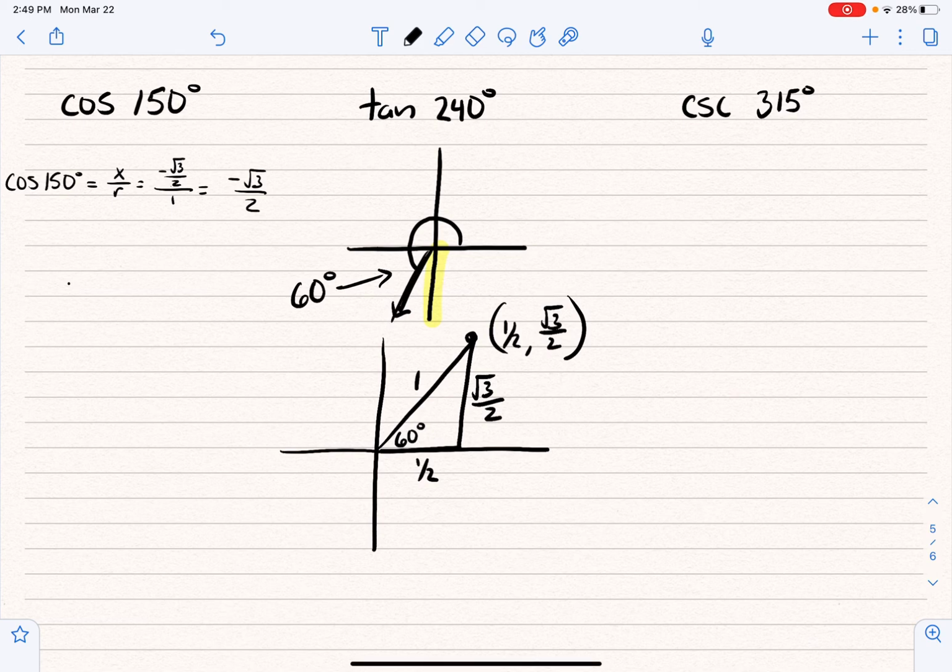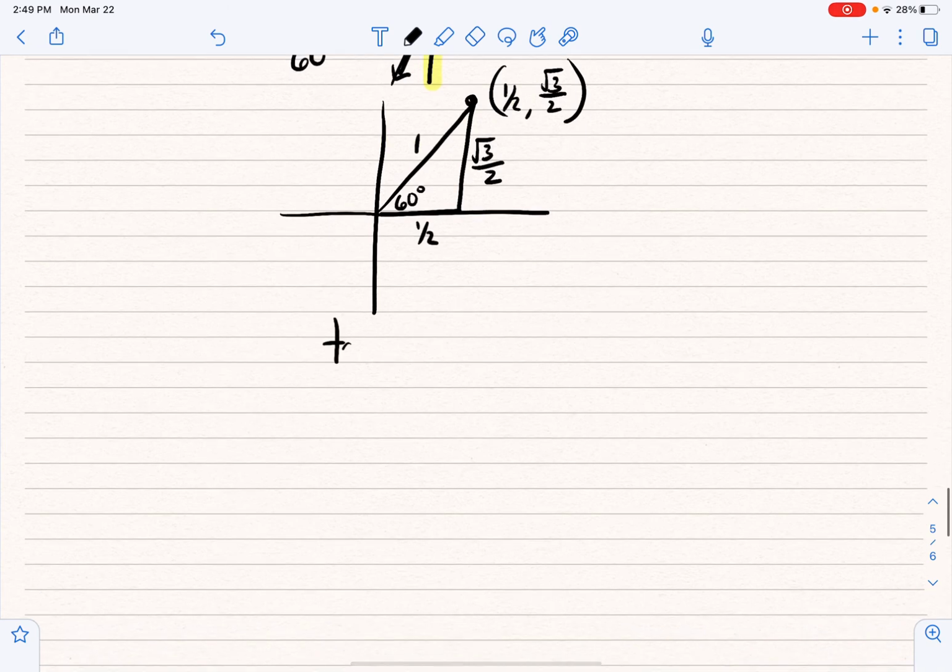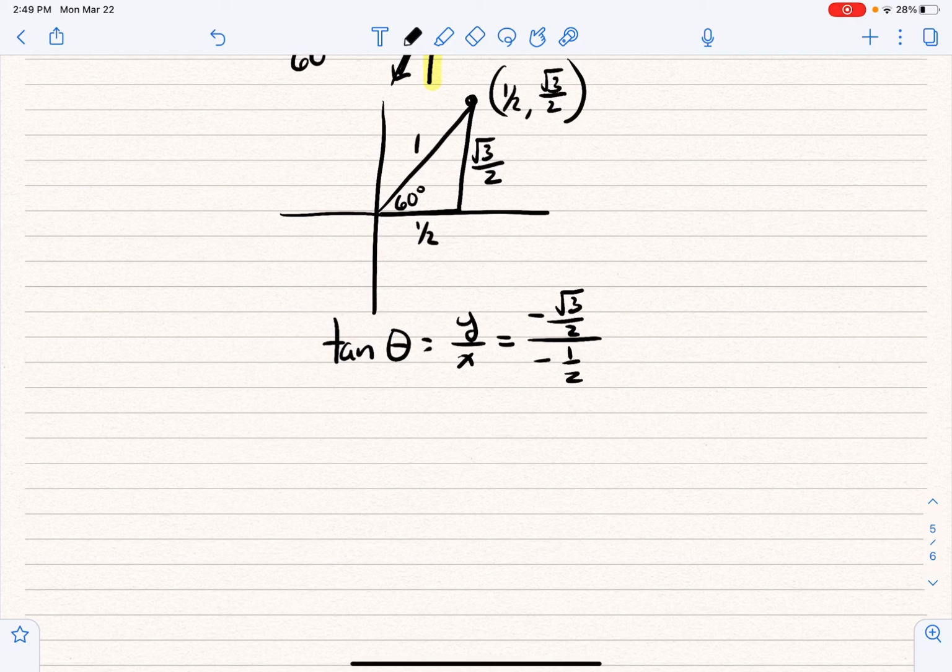Now we know that tangent theta is always y over x, and in this case that would be negative square root of 3 over 2 divided by negative 1/2. Now, a couple cool things happen. The 2's cancel out, and the negatives cancel out. And you're left with square root of 3 over 1, which is just square root of 3. So the tangent of 240 degrees is square root of 3.